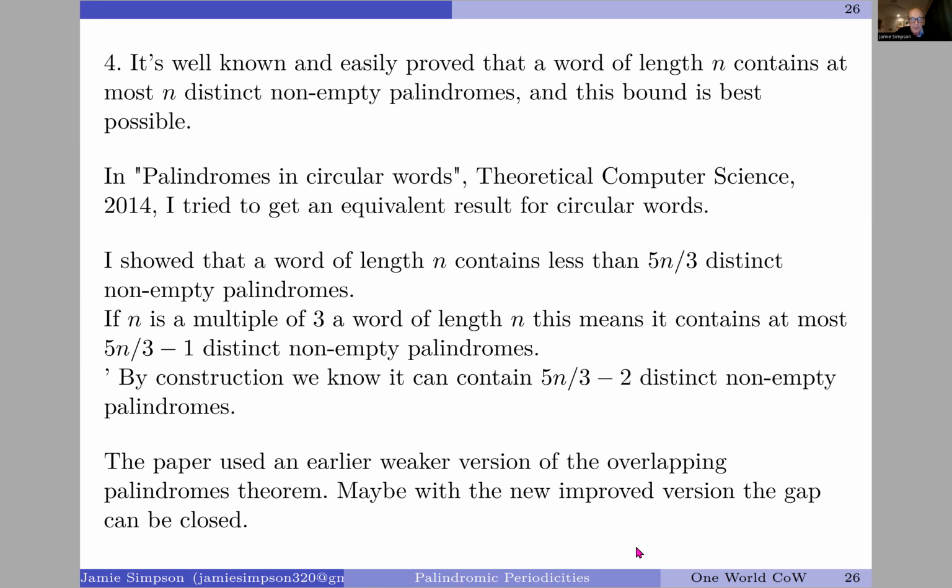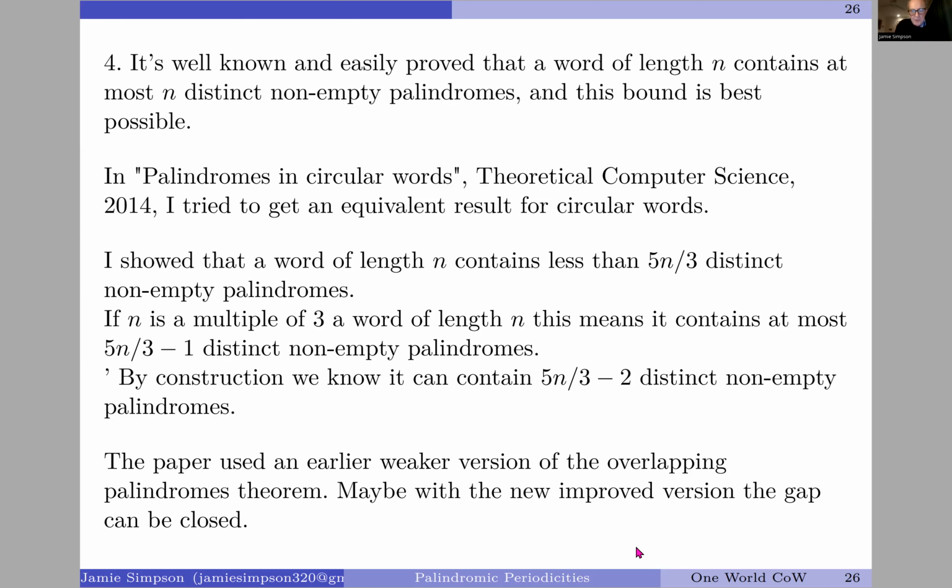I showed that any circular word of length n contains less than 5n over 3 distinct non-empty palindromes. This is because it's all the same palindromes in the first n places.